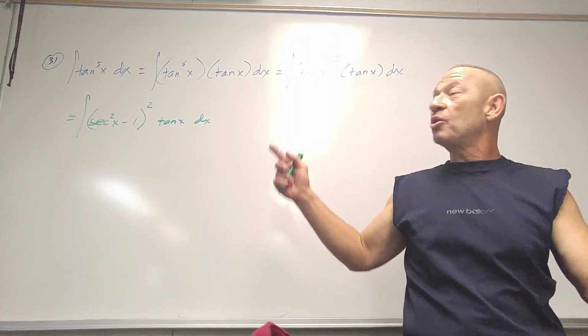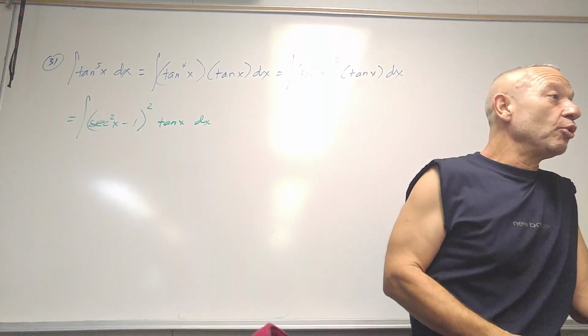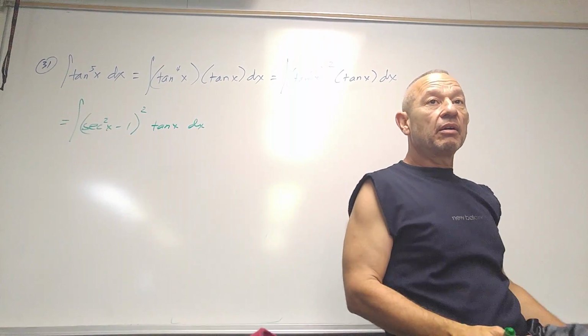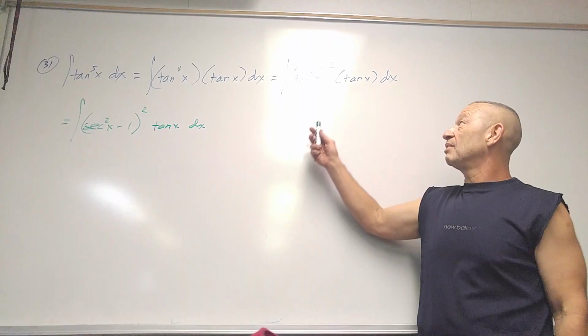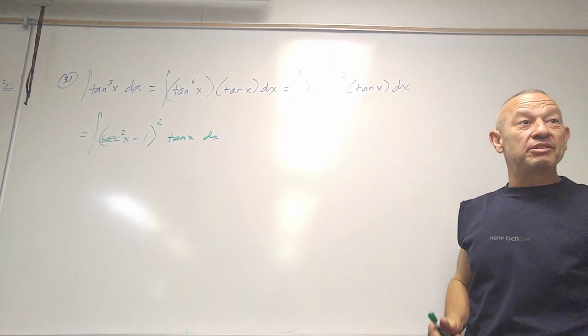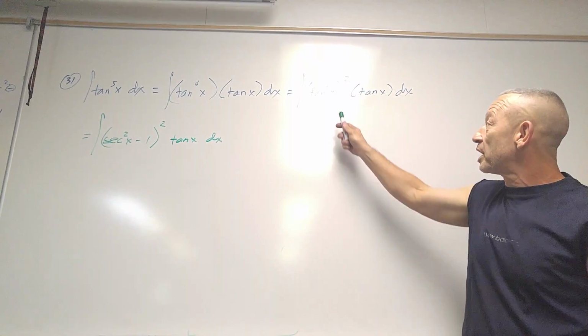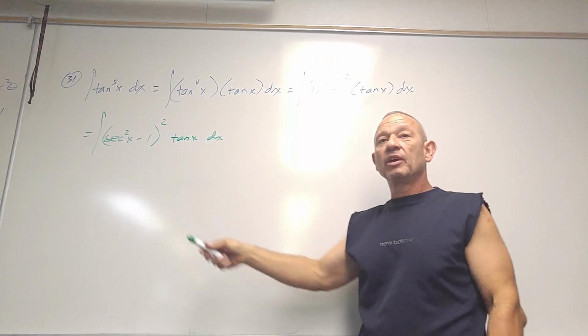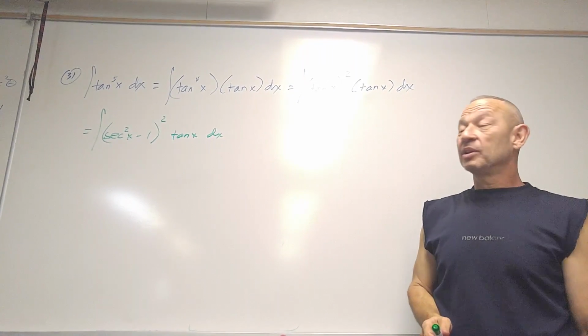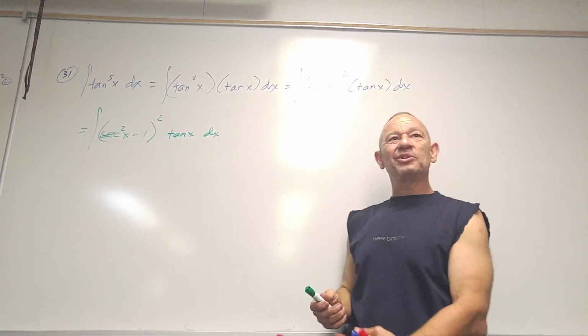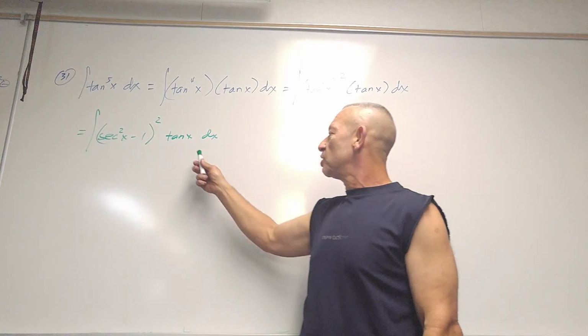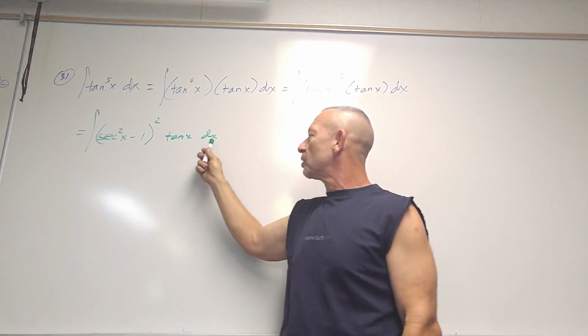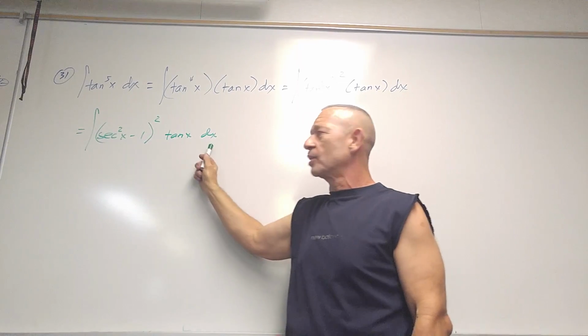So having chosen that, and having said I didn't know what else to do, it sort of came to mind, I guess I'll just play around. I'll try to change tangents into secants. What good did that do? Well, again, I still don't see a substitution. I don't want to let u equal tangent because then I get secant squared x dx, but I don't have secant squared times dx.